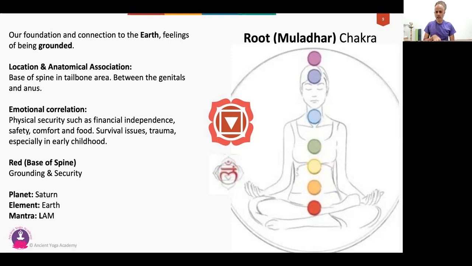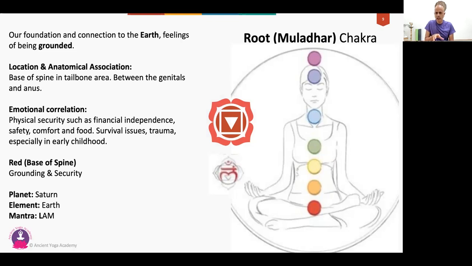So in the bandhas in Hatha Yoga, when we practice, we also practice Mula Bandha. Mula Bandha is contracting and releasing the anus. Some people also call it the anus lock. But it's not like locking the anus; when you try to pull up the anus, it feels like you are locking it, and you are pulling the perineum muscles upwards and releasing, upwards and releasing.